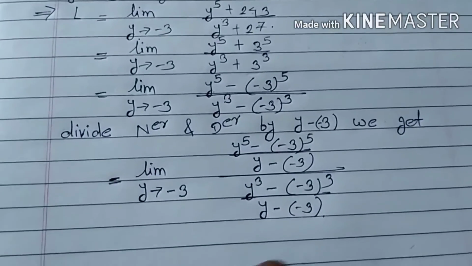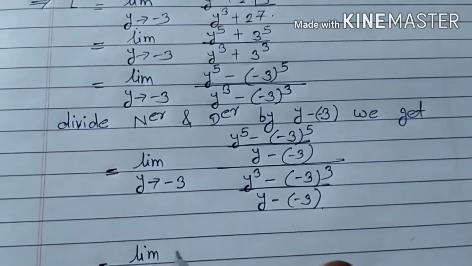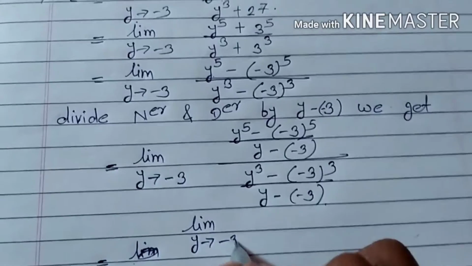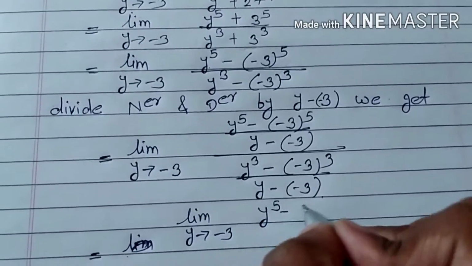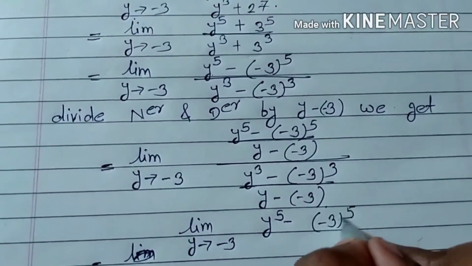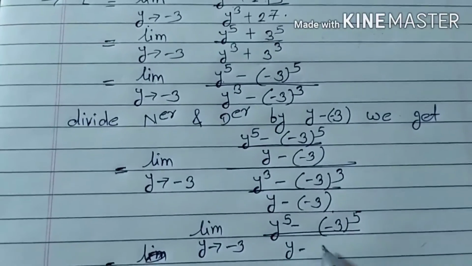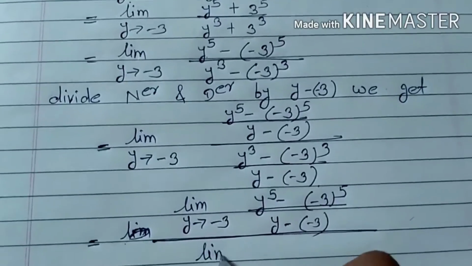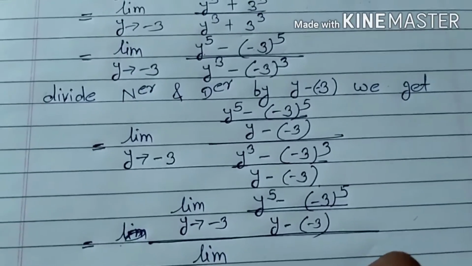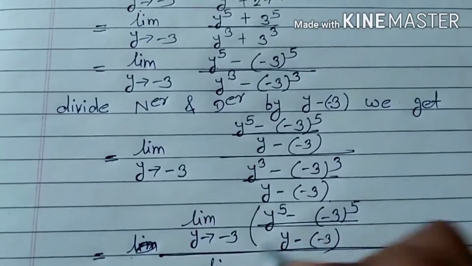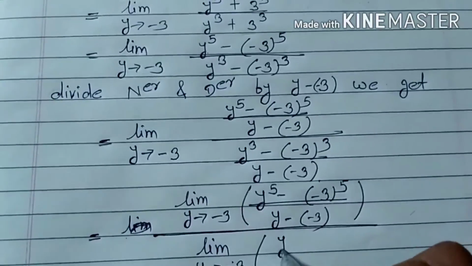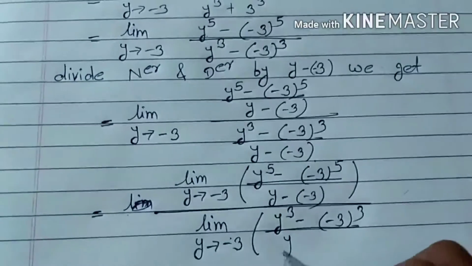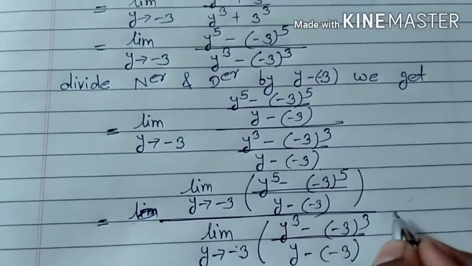So here we get the limit as y tends to minus 3 of y raised to 5 minus 3 raised to 5 upon y minus 3, divided by, here we separate the limits, the limit as y tends to minus 3 of y cube minus 3 cube upon y minus 3.